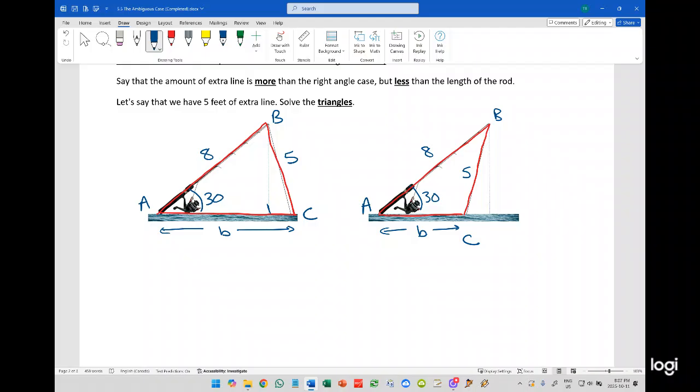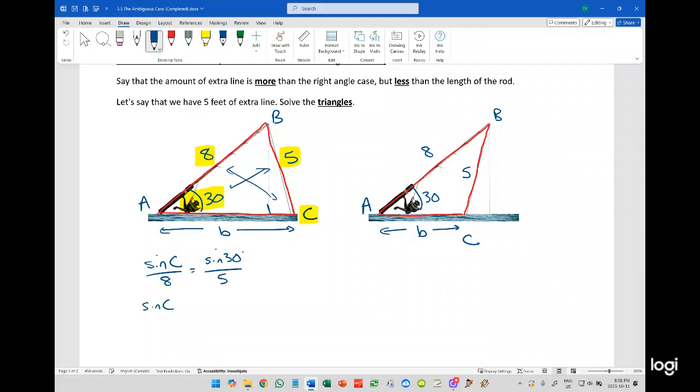Okay, let's look at the first one and see if we can work something out. First of all, I have 30 and 5. That's an angle-side pair. The other ones here, I don't know big or little b, angle B or side B, but I do know that this is 8 and this is C. Unknown angle C is the only one of those four things I don't know. So I'll do sine C divided by 8 equals sine 30 divided by 5.